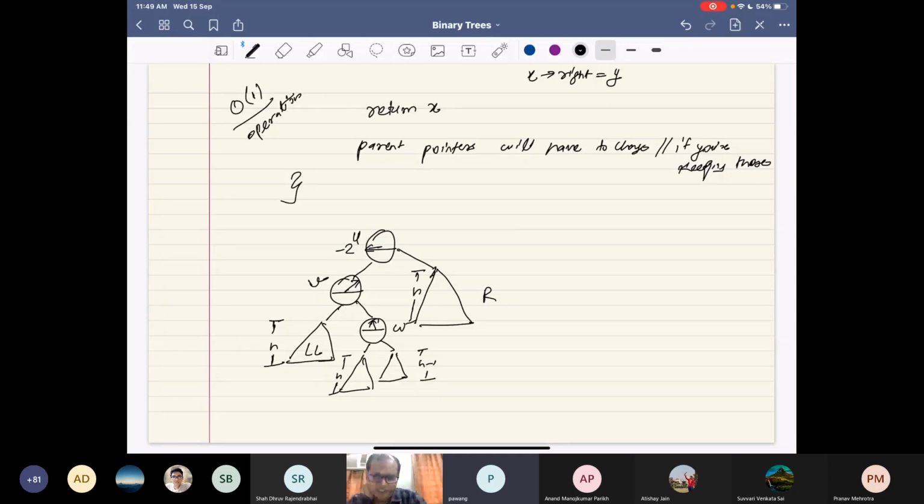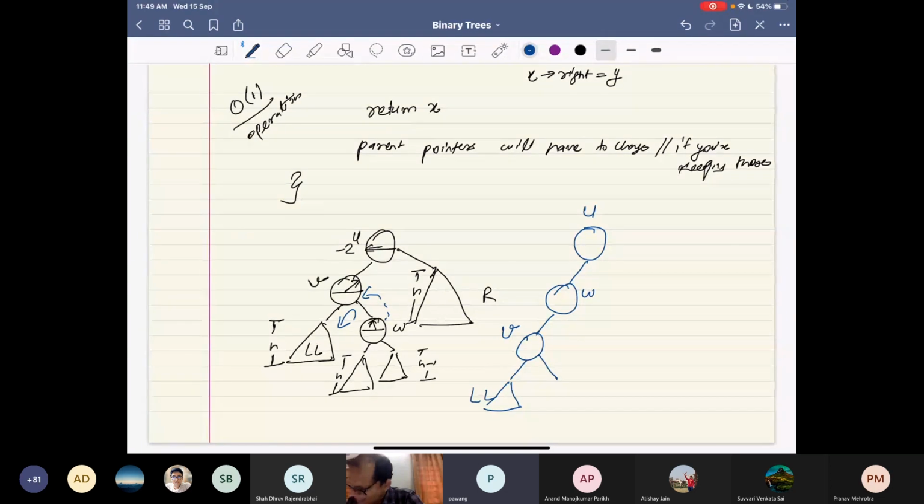Yeah, this is the situation. Now what do I have to do? I have to first do a left rotation here. If I do a left rotation, what will I get? W will come here. So U, W, V, LL, and we have this.